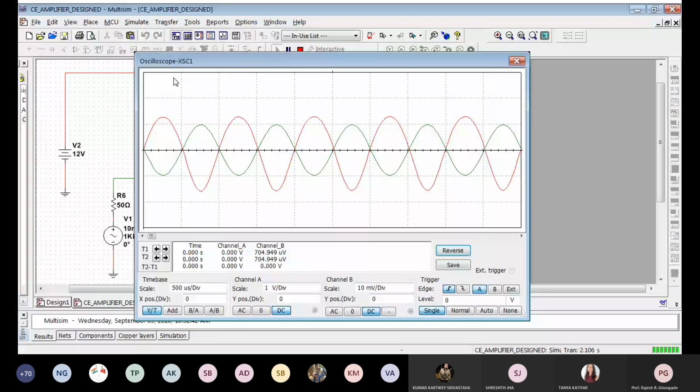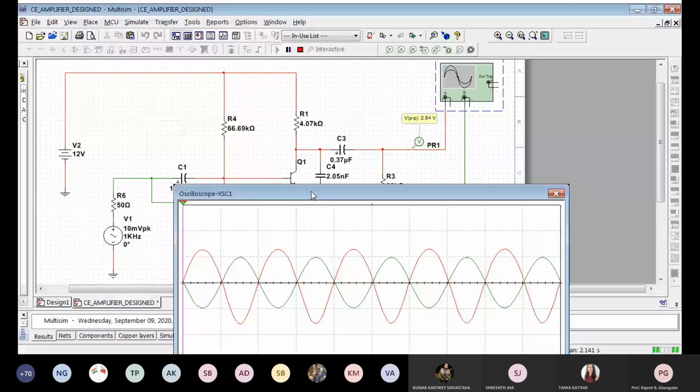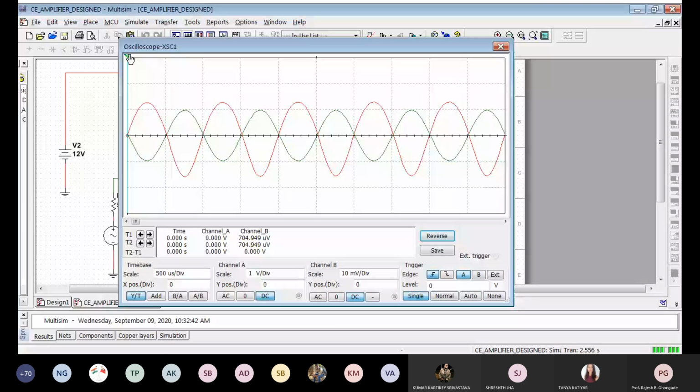Of output voltage. Remember, I have color coded this. So red is the output, red trace is the output, green trace is the input. If I want to measure the peak to peak values, I'll just pull on a cursor here, go for the peak value, lower peak. So what is the peak to peak value that I'm getting?